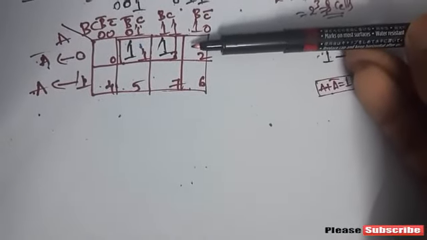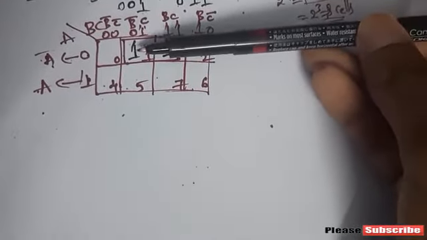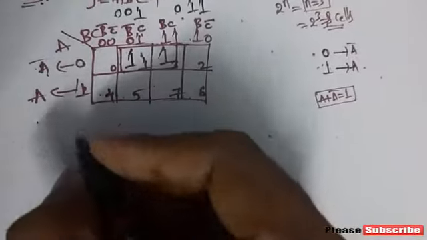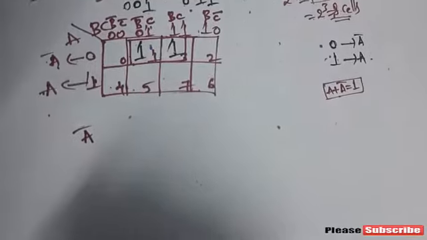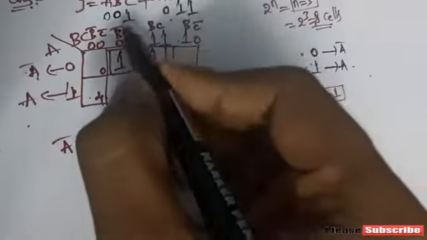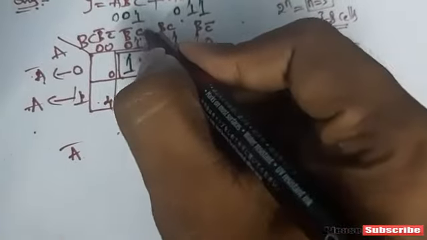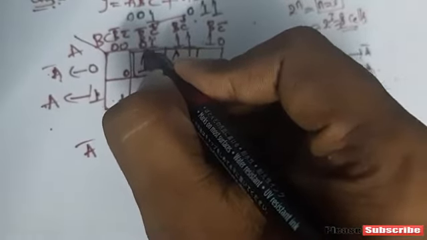Next, C will be common in both, but this 0 changes to 1.